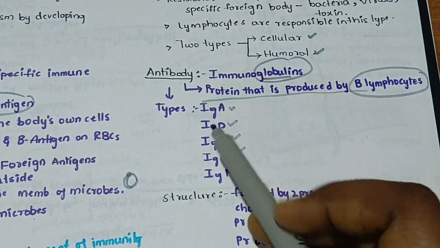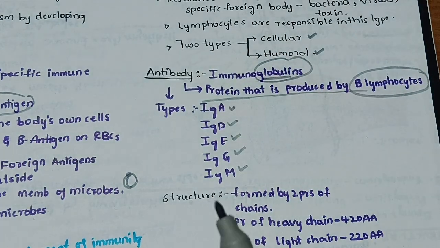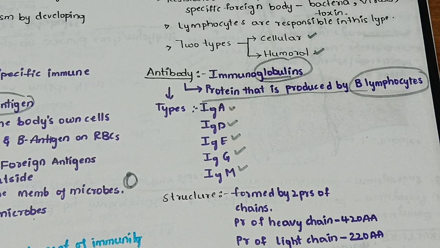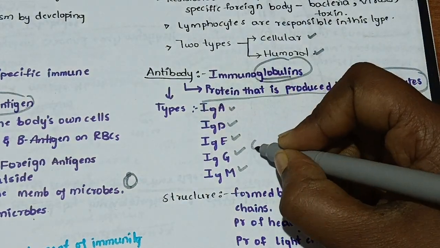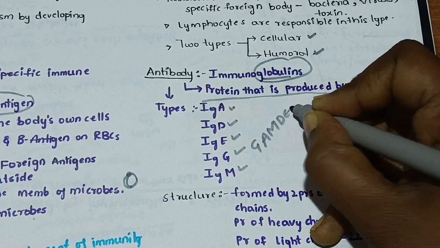Immunoglobulin is represented by Ig, and the five types are antibody A, D, E, G and M. In short, you can remember this as GAMDE.